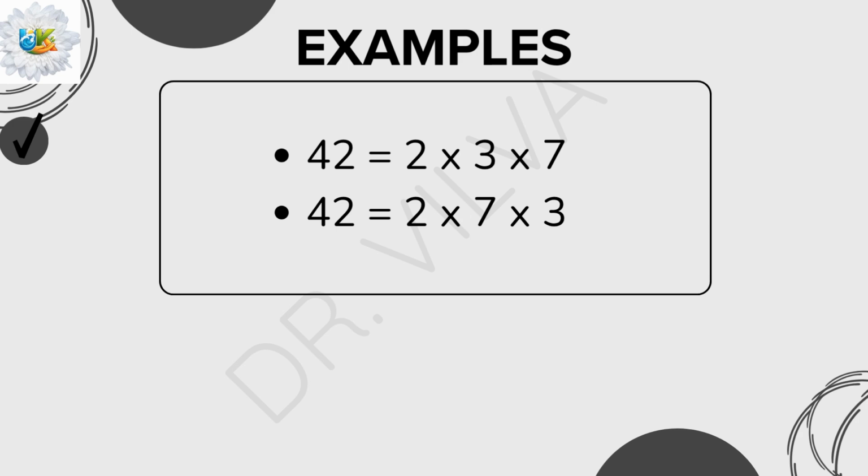To make this clearer, let us look at an example. We can factorize 42 as 2 times 3 times 7. This is equivalent to 2 times 7 times 3, apart from the order of writing those prime factors.